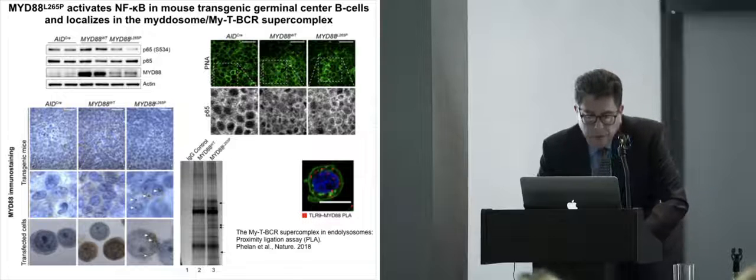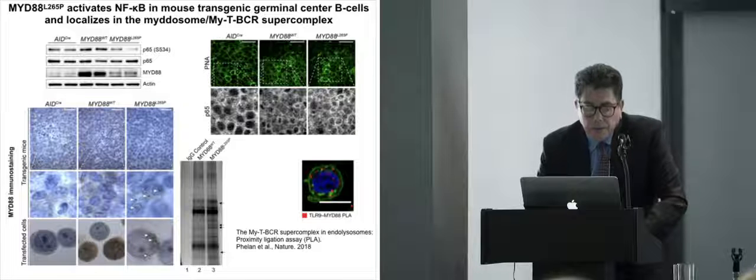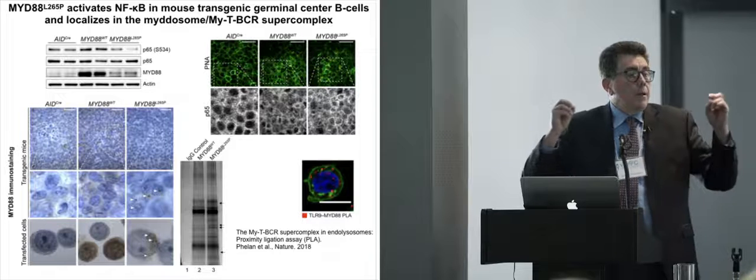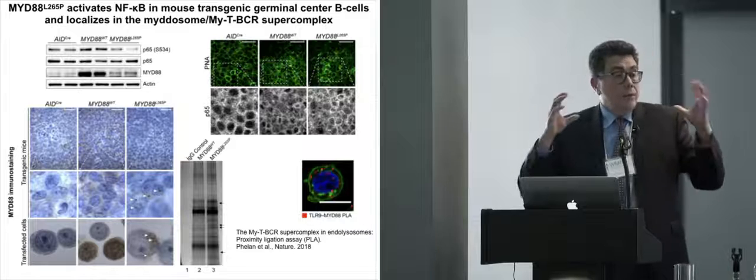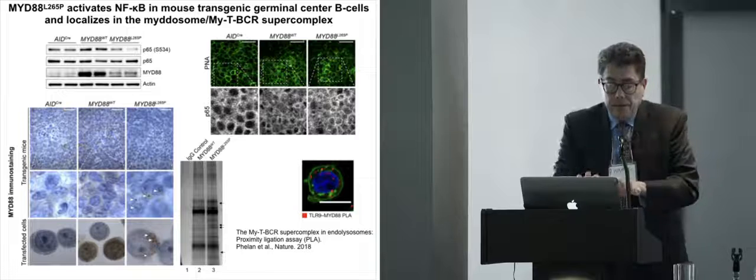What else did we identify with this animal? You have here transgenic wild type and transgenic mutant. And we look at the protein expression of MYD88 using antibody, a technique called immunohistochemistry, and we can localize this protein in those cells.